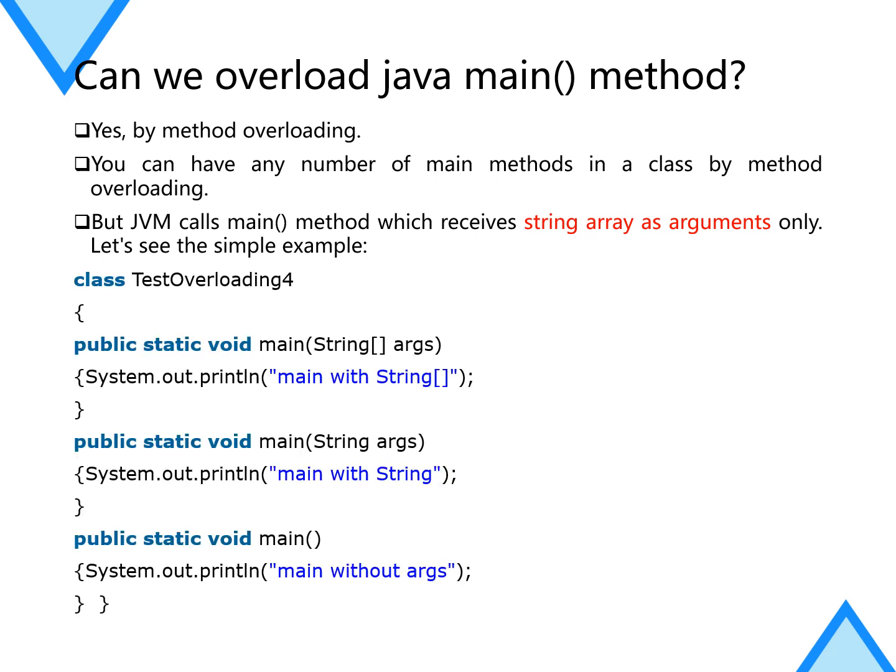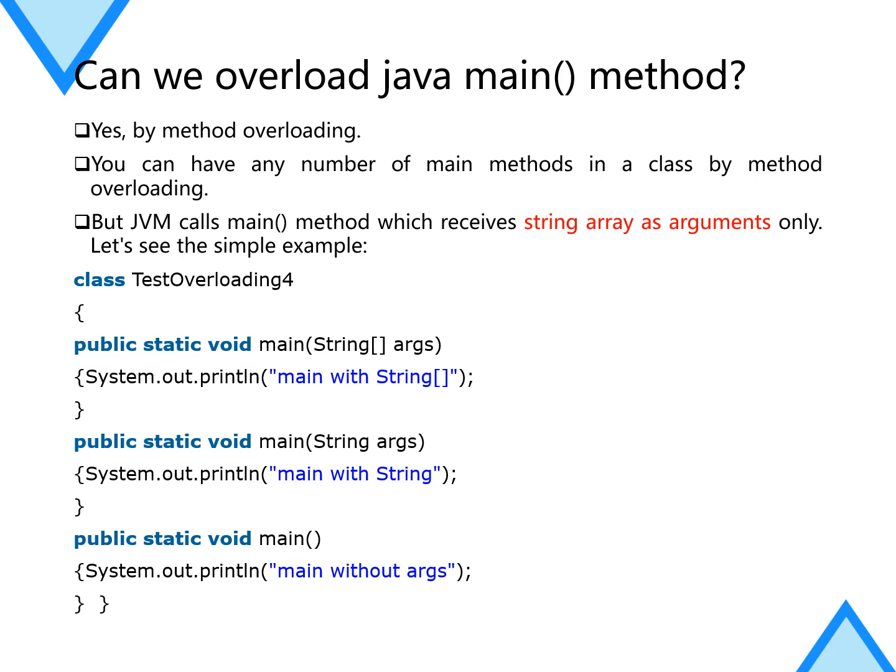Okay, so we have an example. We have a class TestOverloading4, and we have public static void main, the first method, which has a string array as argument. We have another main method which has a string argument but not an array, and we have another method which does not take any arguments.